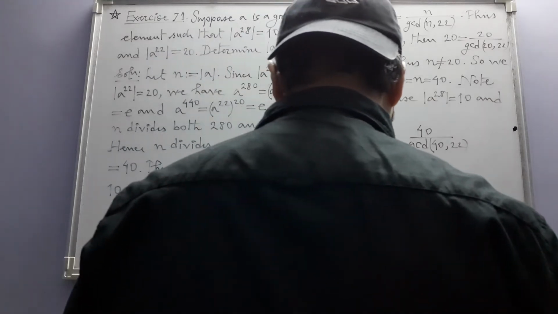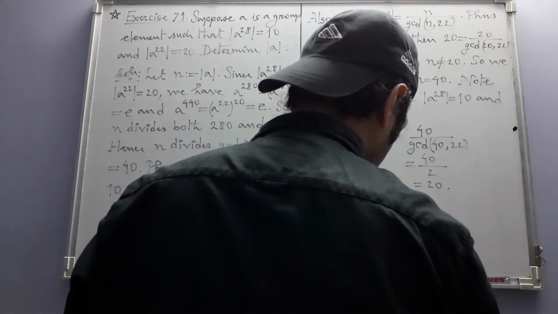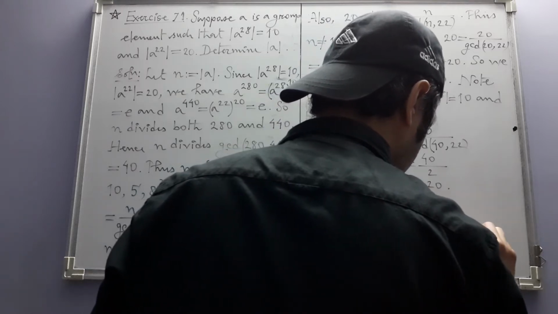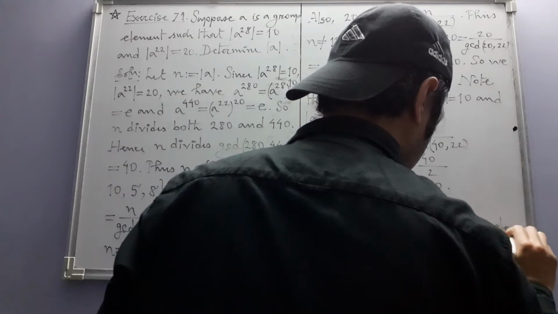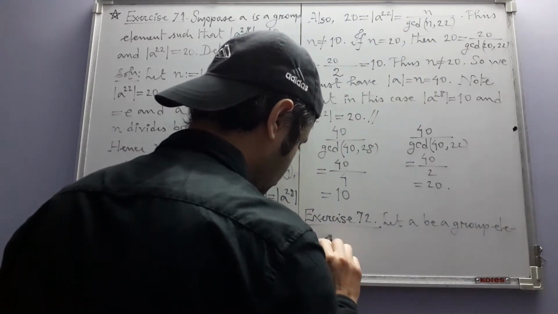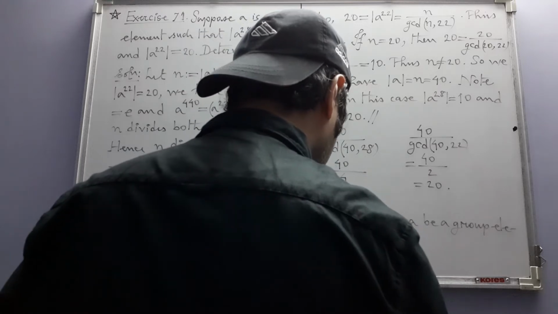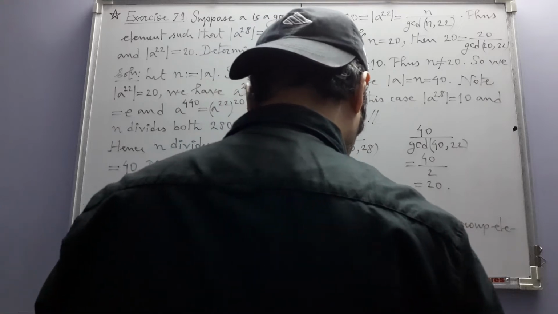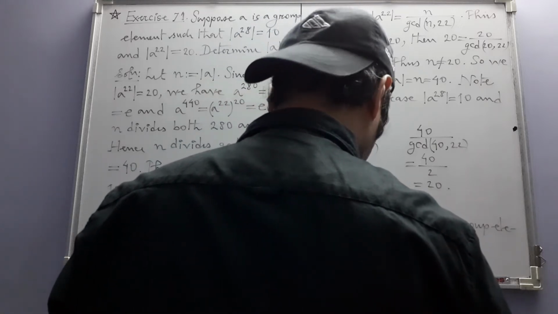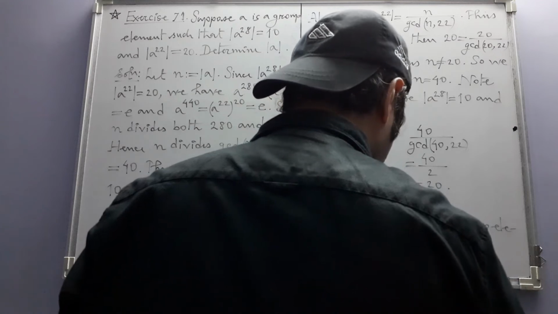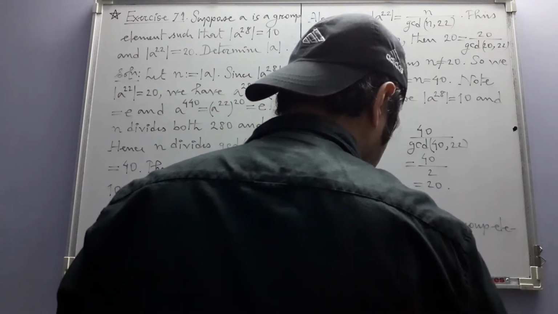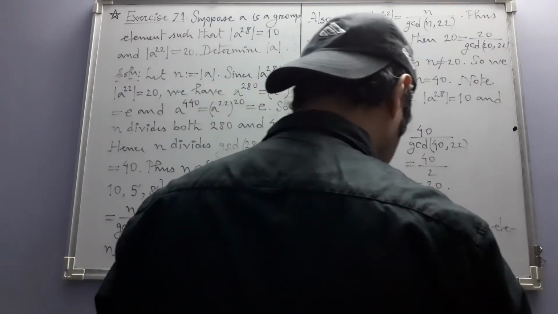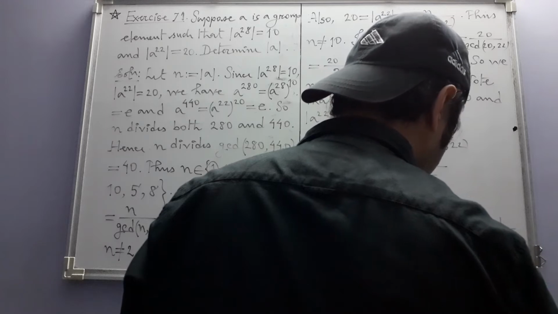Then 72. Let A be a group element such that the order of A, so here now the order of the element itself is given, it is 48 for each part.